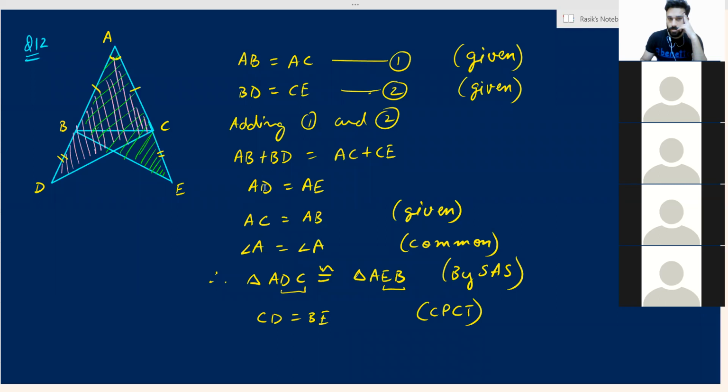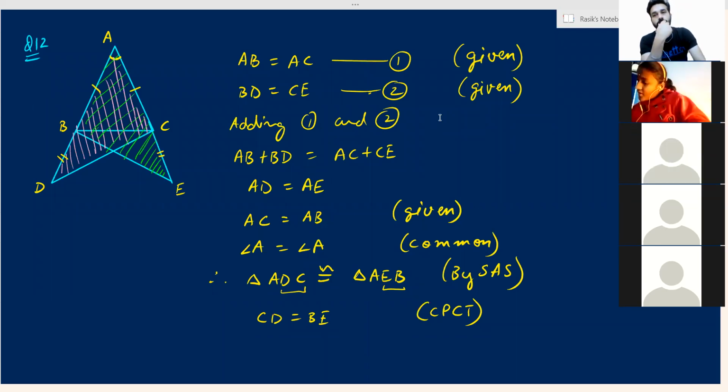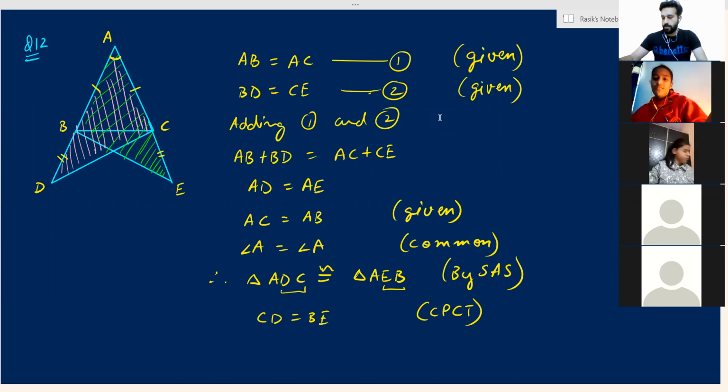Yes, sir, I'm just sending. Sir, I have done that by myself, and I have written AD equal AE. Then after, by seeing yours, I have added AB plus BD equals AC plus CE. Better correct it. Whatever the mistake is, please correct it.